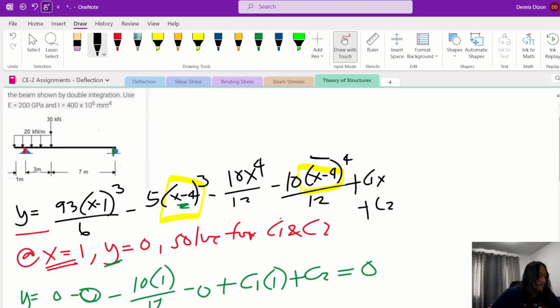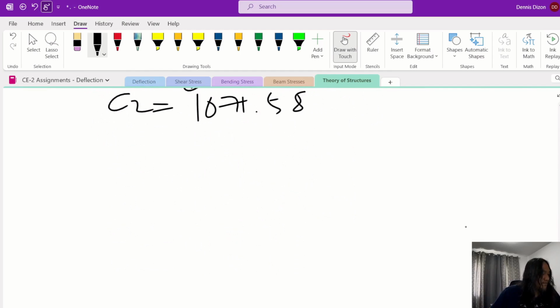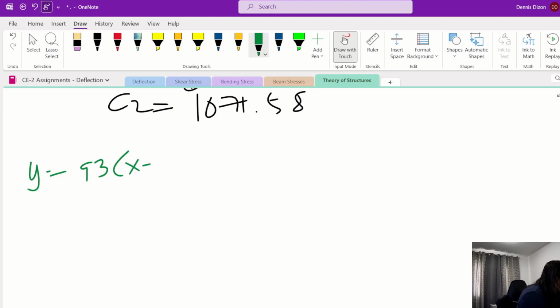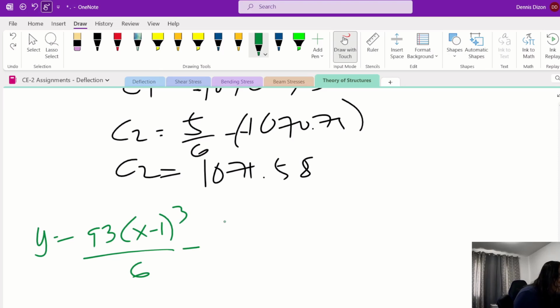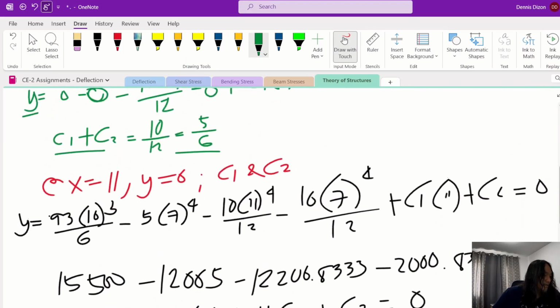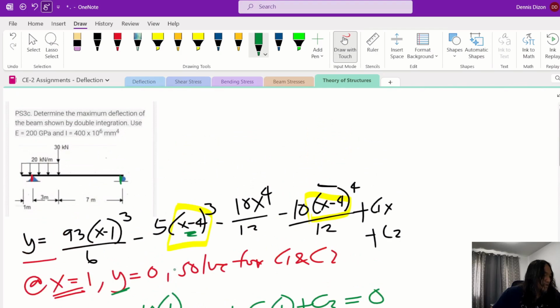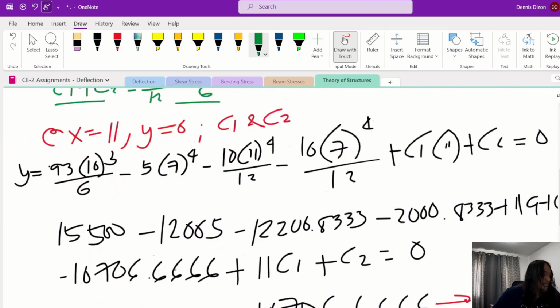We can substitute this one here. We'll just rewrite this one again. So y is equal to 93 times x minus 1 cube over 6, then minus 5 times x minus 4 to the 4th, and then minus 10 times x minus 4 cube.